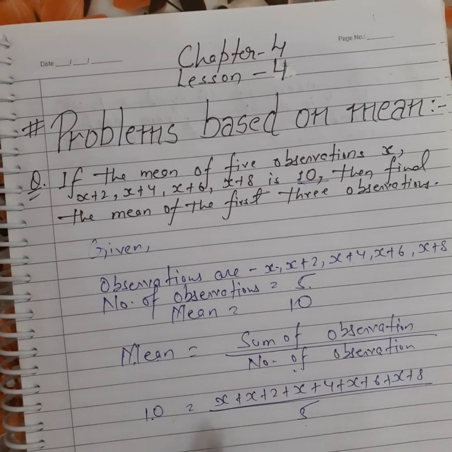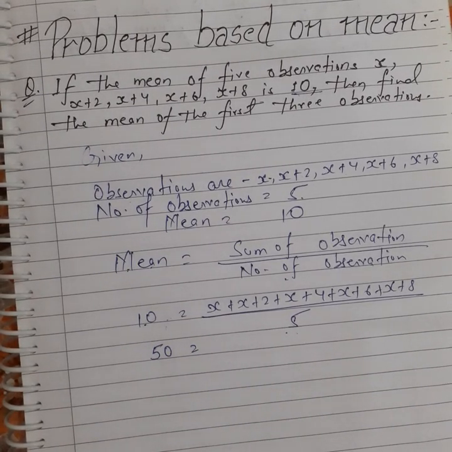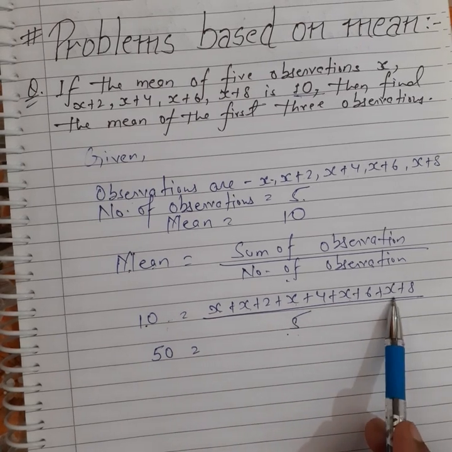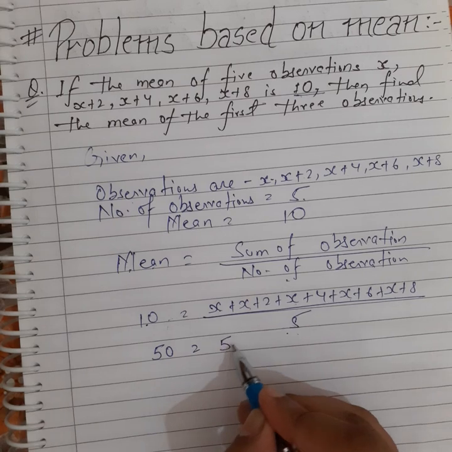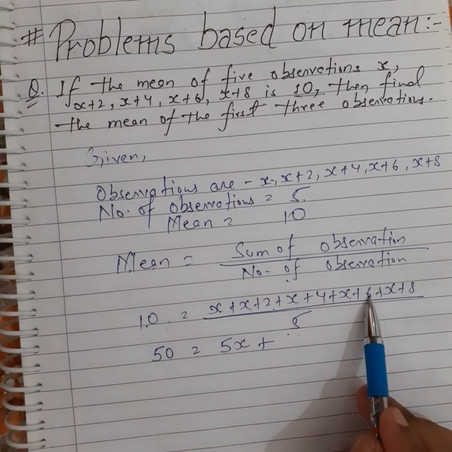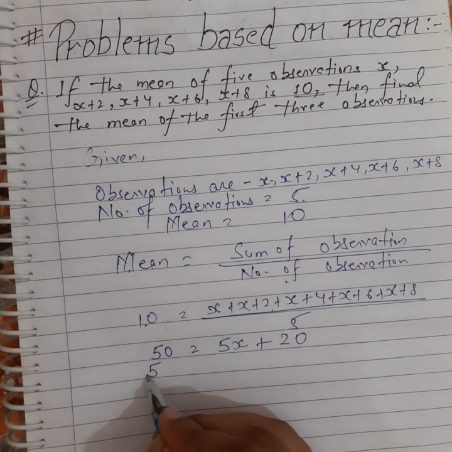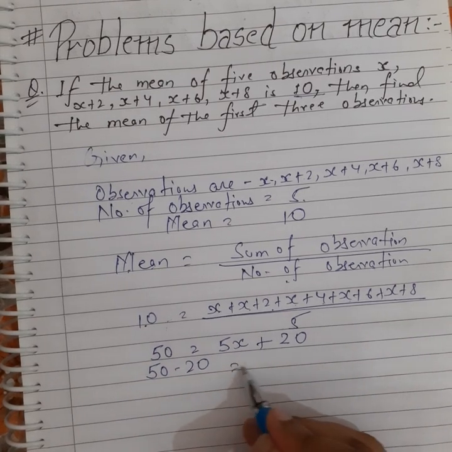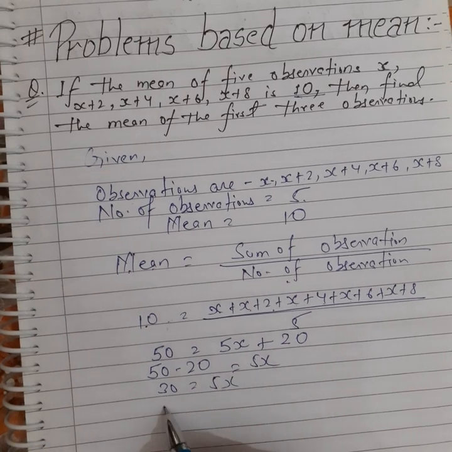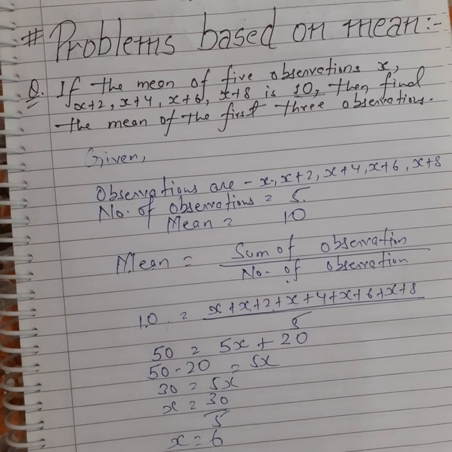Now we cross multiply: 10 into 5, we get 50, is equal to x plus x plus x plus x plus x. How many x are there? 5. So it becomes 5x plus 2 plus 4, 6, 6 plus 6, 12, 12 plus 8, 20. Now 50 minus 20 is equal to 5x, 30 is equal to 5x, and x is equal to 30 by 5, x is equal to 6.